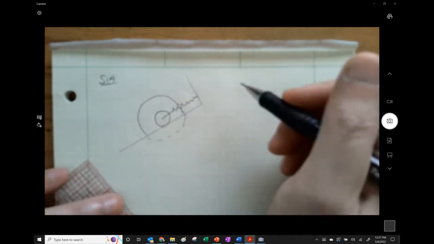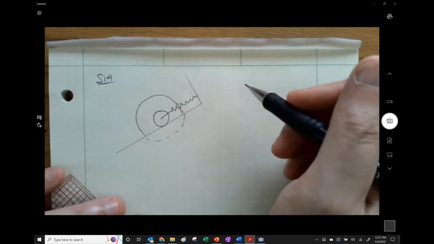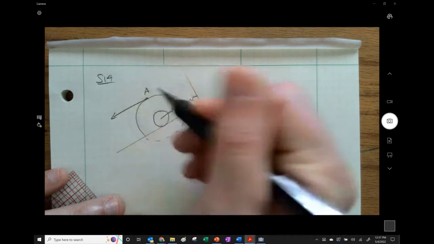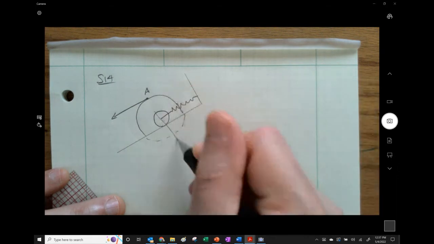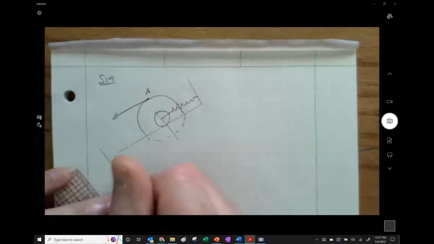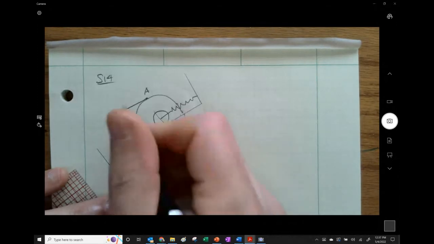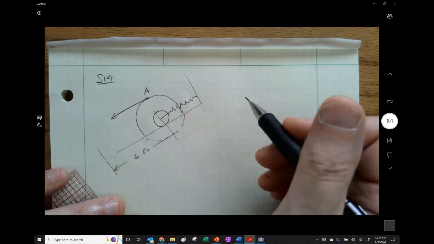Okay, so let's see, what should we do? We have to find the length of the cable measured from A that is unwrapped from the wheel after it has moved 6 feet down, right? So this thing has moved 6 feet, and we want to find out how much length of cable is going to move.